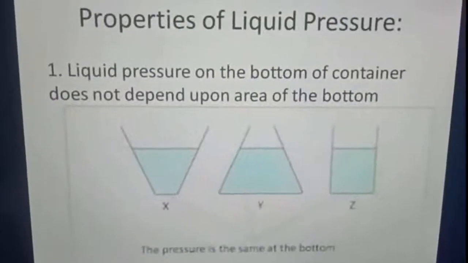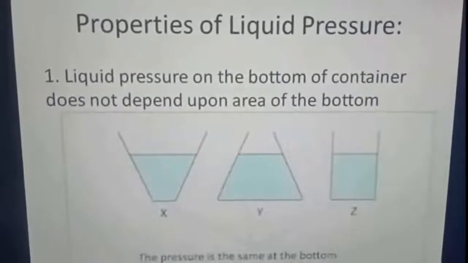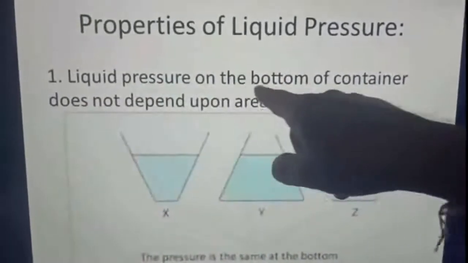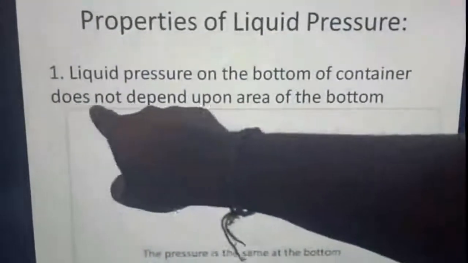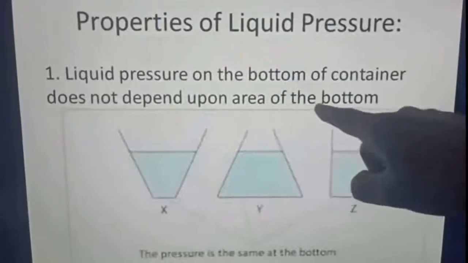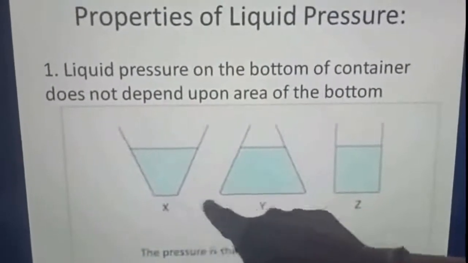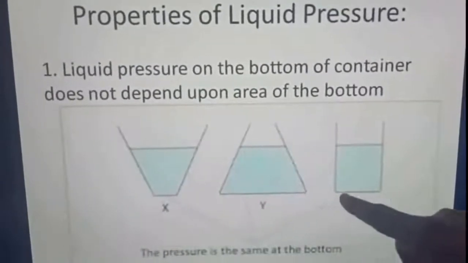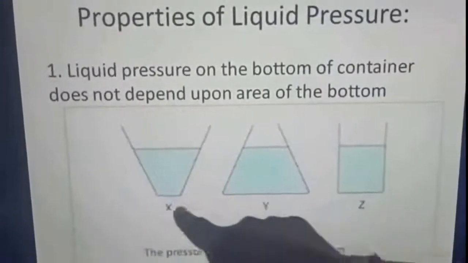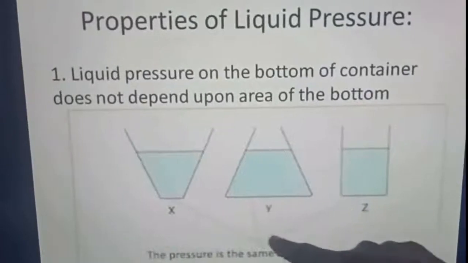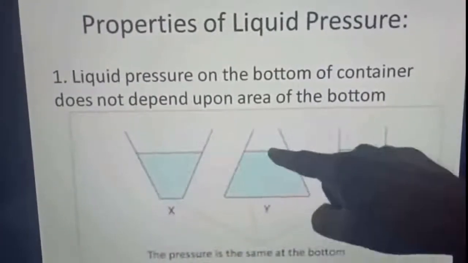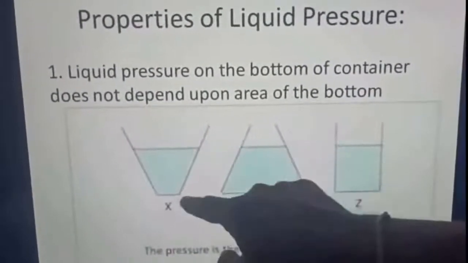Now we discuss the properties of liquid pressure. Number 1 property, liquid pressure on the bottom of a container does not depend upon the area of the bottom. As shown in the diagram, there are 3 containers which have different sizes and shapes of bottom. The height of the liquid in all 3 containers is the same.